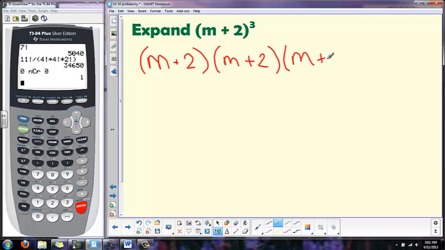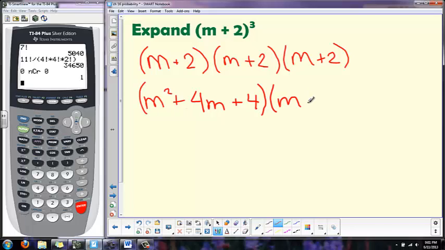So write it out 3 times. Then these first two, if I FOIL them together, it's going to be m squared plus, this is going to give me 2m and another 2m, so that's 4m, plus 4. Now let's take that and multiply it by the last one, m plus 2.